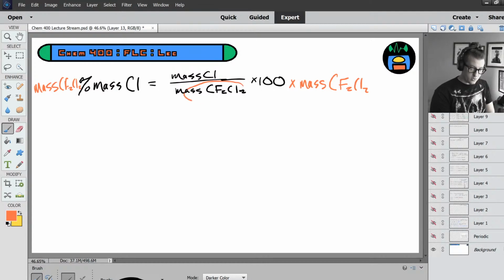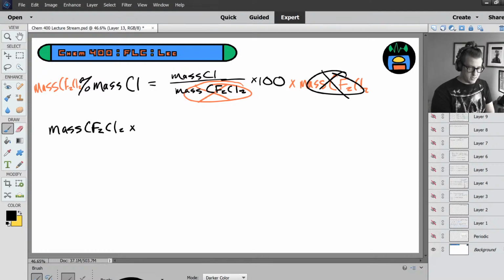It'll cancel this denominator, giving us an equation that has the mass that we're after times the percent mass of chlorine is equal to the actual mass of chlorine times 100.